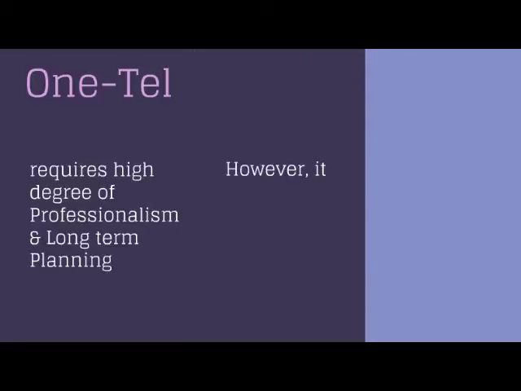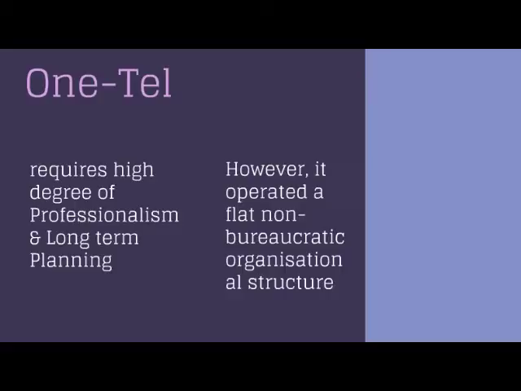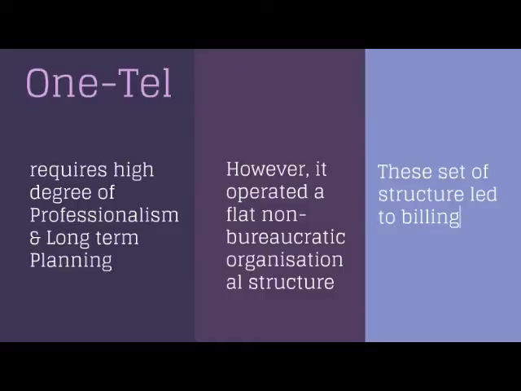However, the company operated a flat, non-bureaucratic organizational structure and was organized into small functional teams while the directors worked in hands-on mode with minimal to no involvement of middle management. This set of structures falls way behind Bolman and Deal's four-frame model of the structural framework, which led to the billing system failure and subsequently its corporate collapse.